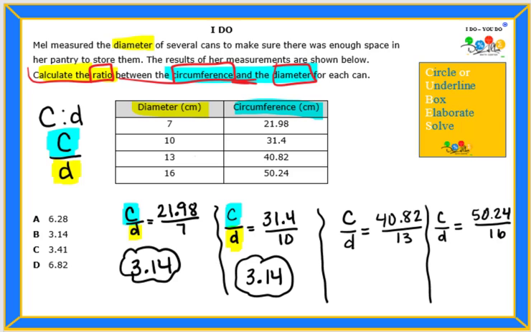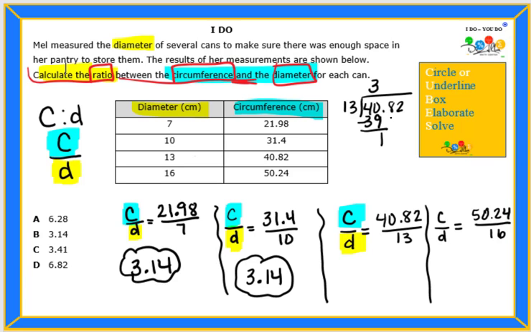Okay, for our third circle, we had the circumference of 40.82 and the diameter of 13. So we're going to divide the circumference by the diameter. So we will do 40.82 divided by 13. So 13 goes into 40 3 times because that's 39.